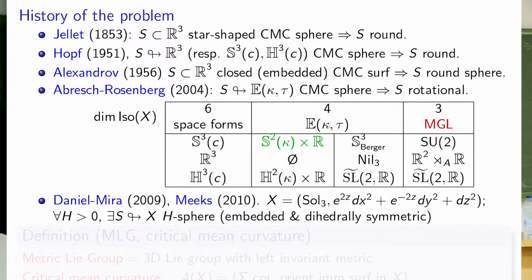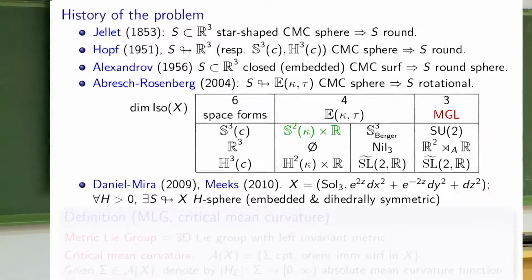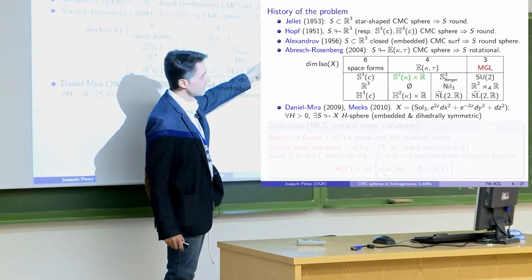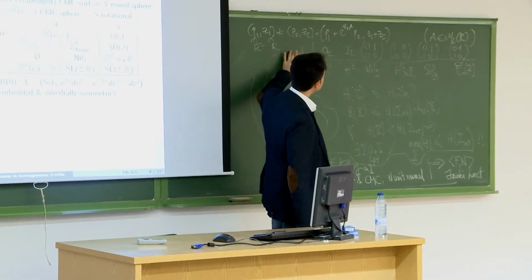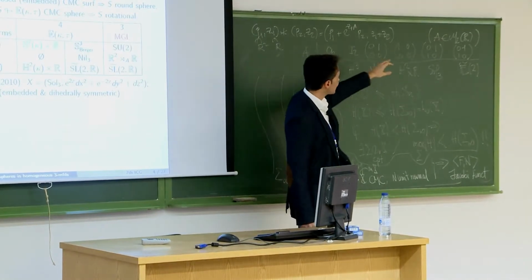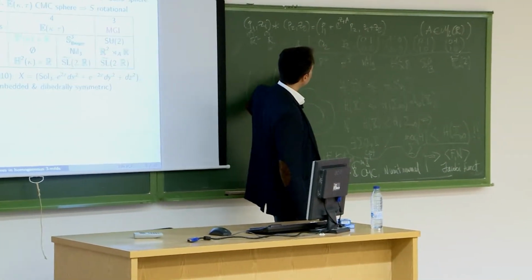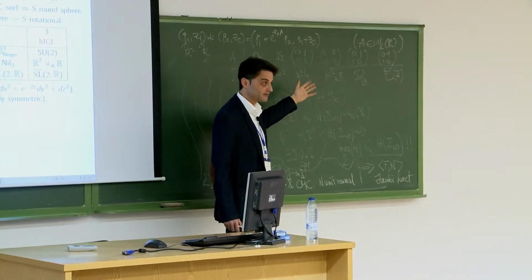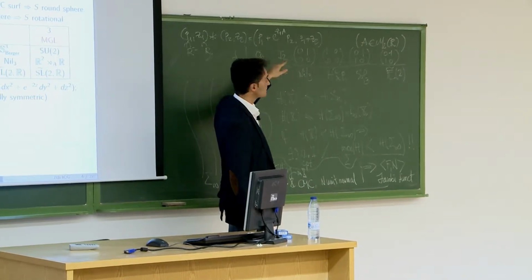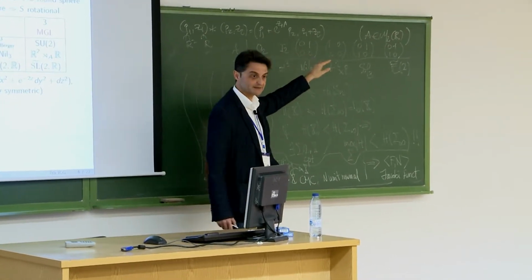Well, I have to mention a pretty recent result which was very influential for us. There are a couple of papers by Bill Meeks, Benoit Daniel and Pablo Mira, where they solved the same problem for a very special case in here, inside here, okay? Because for certain A, well, here on the blackboard you can see choices of the matrix, and underneath you see what are the Riemannian three-manifolds that you construct, actually the Lie groups that you could construct with the semi-direct product structure associated to this matrix, okay?